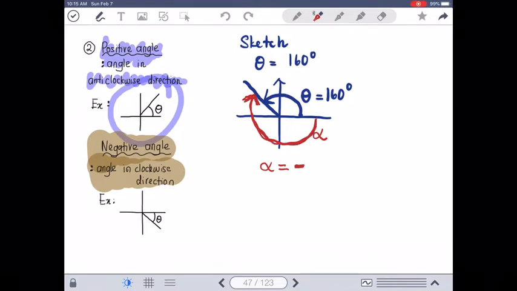We put negative because of the direction. The value of that angle is 360 degrees minus 160 degrees, because one total round is 360 degrees. So we should get lambda equal to negative 200 degrees.